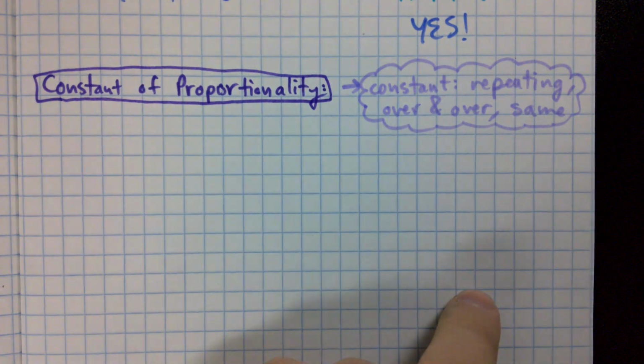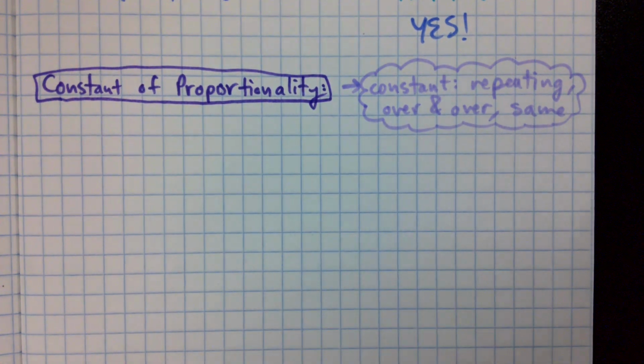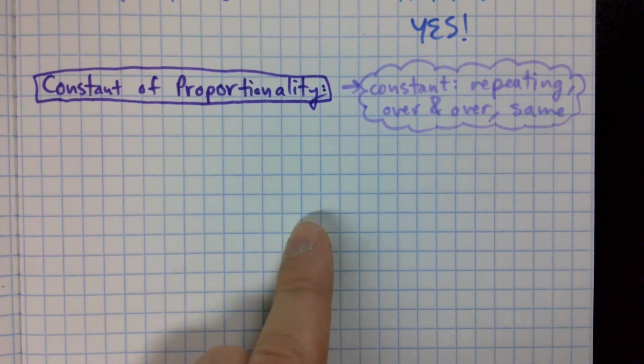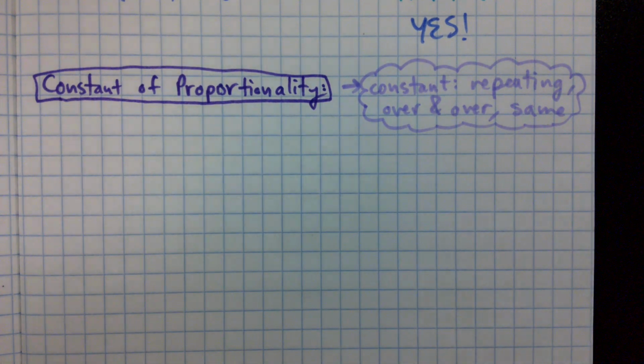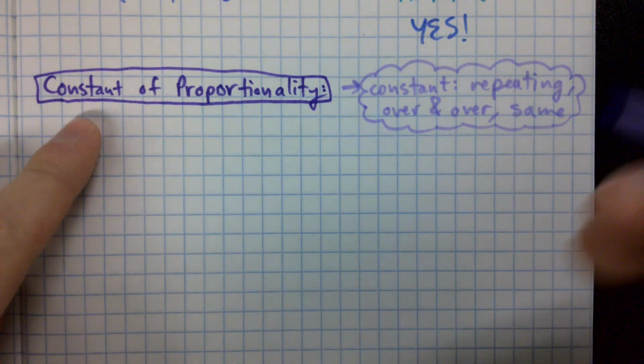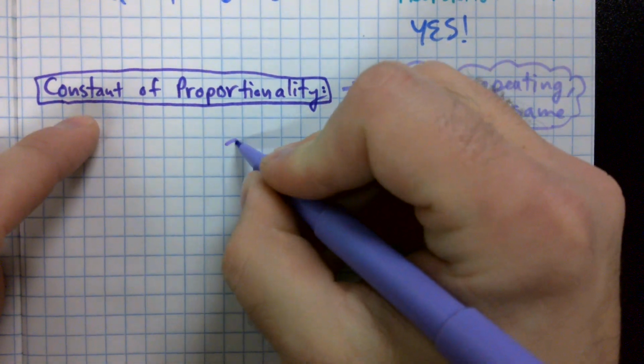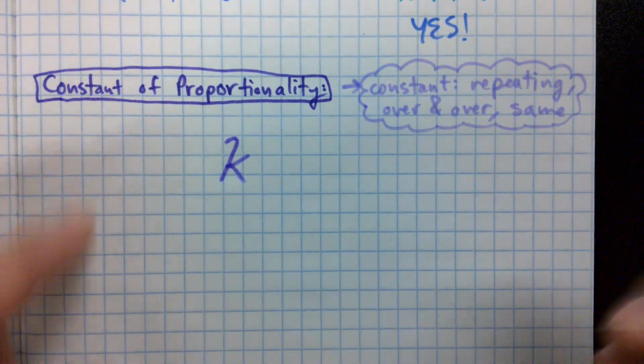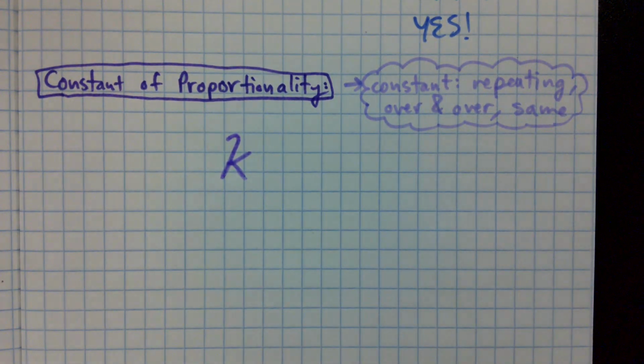So the formula for finding the constant of proportionality: we're going to use the variable lowercase k.